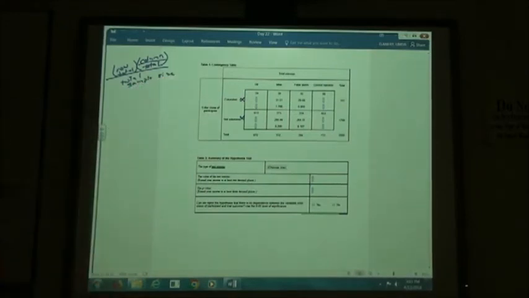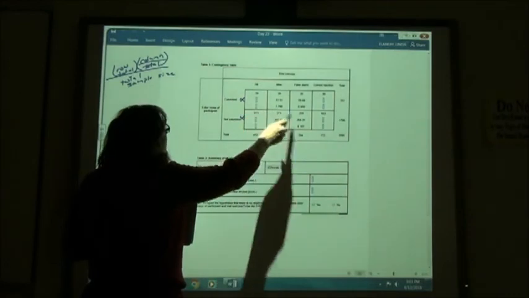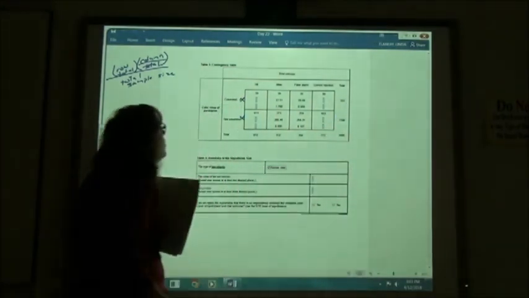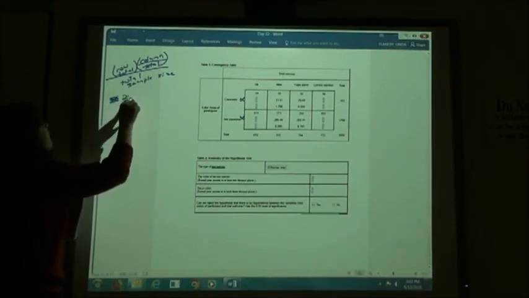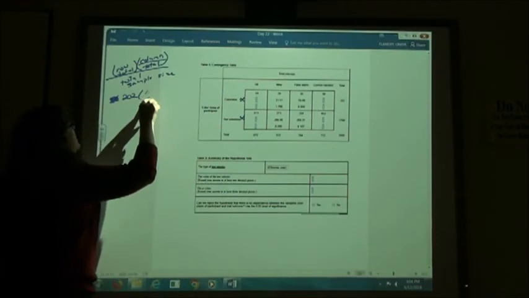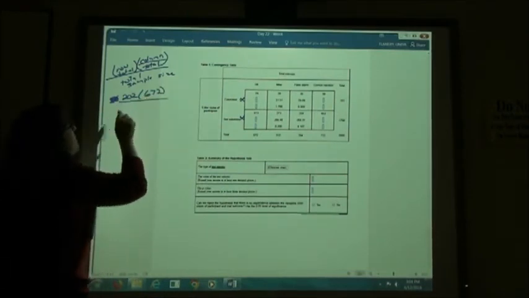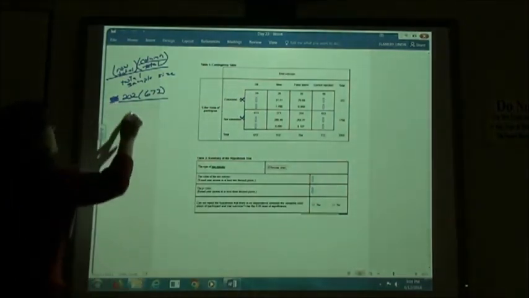So again, I'm going to do all those calculations in blue, so that way you know those are the calculations. So, first box we have to fill in, our row total is 202, times our column total, 672, divided by our total sample size, 2,000 were surveyed.